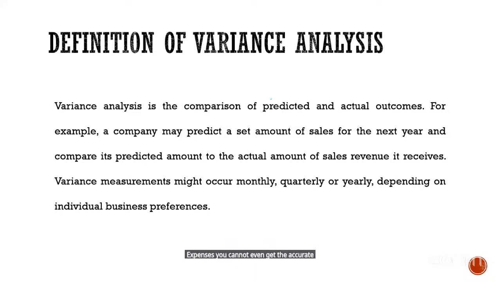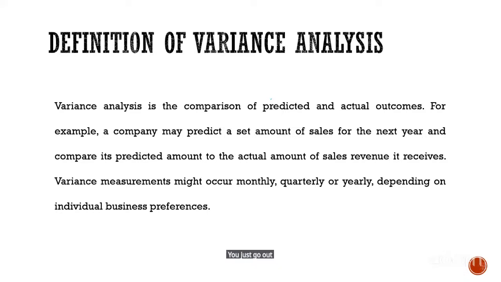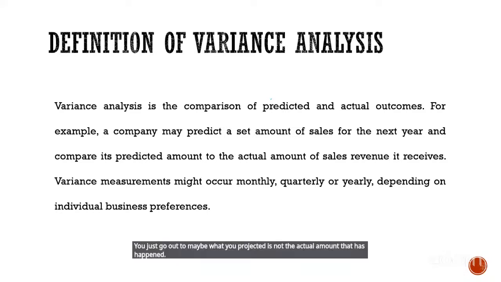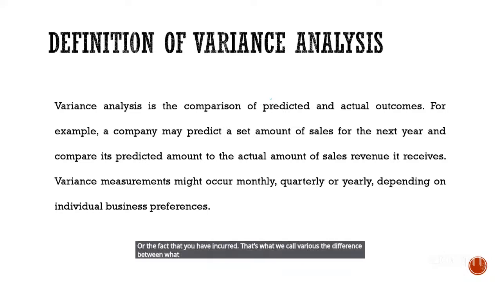So at the end of the period, you discover that maybe what you projected is not the actual amount that has occurred or that you have incurred. There's what we call variance, the difference between what you projected and the actual amount that occurs. And there's need to analyze variance, we call it variance analysis.